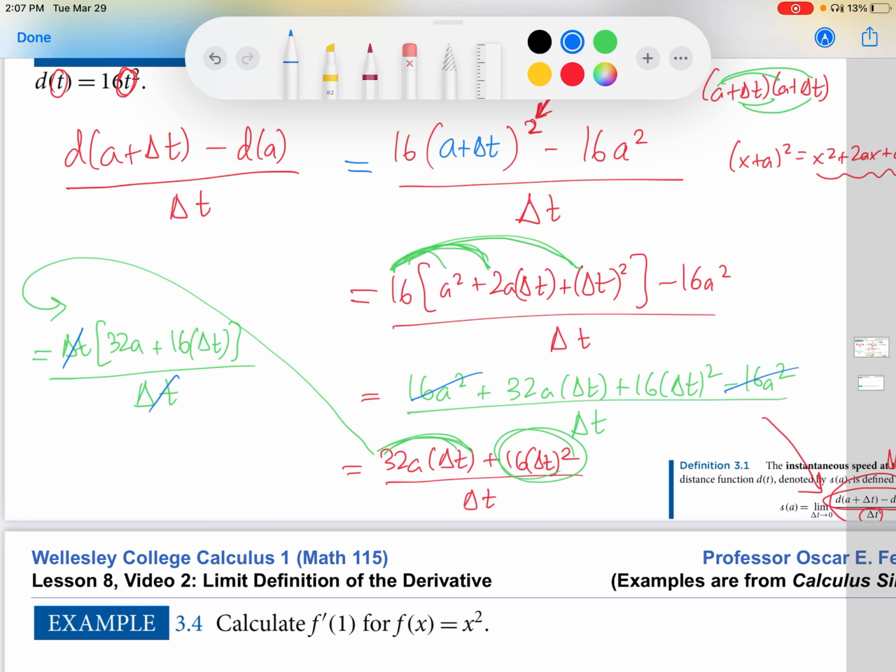All right, same caveat that I've made in previous videos. Delta t is a change in time. We don't want the change in time to be 0 because that would have meant dividing by 0, which we can't do. So in this cancellation, I want to keep that in mind, that I can cancel so long as delta t is not 0.